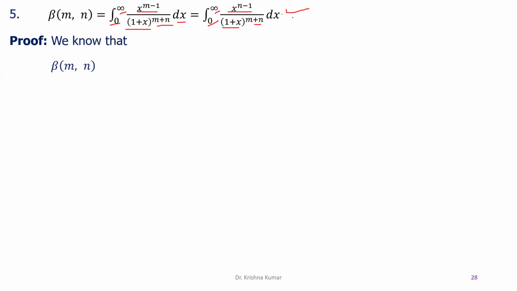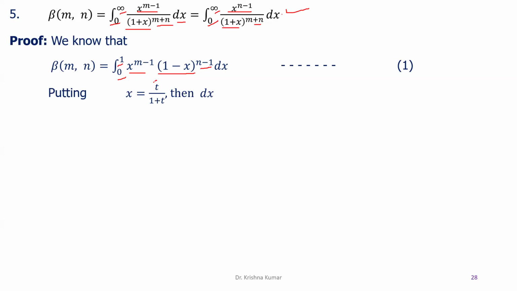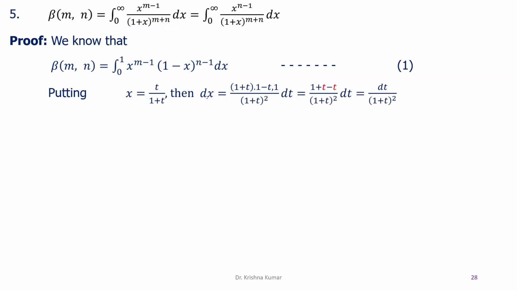We know that beta of m, n is equal to the integration of x^(m minus 1) into (1 minus x)^(n minus 1) under the limit 0 to 1. Now let us put x is equal to t upon 1 plus t. Then what is the value of dx? We have to apply the division formula. The denominator is 1 plus t.